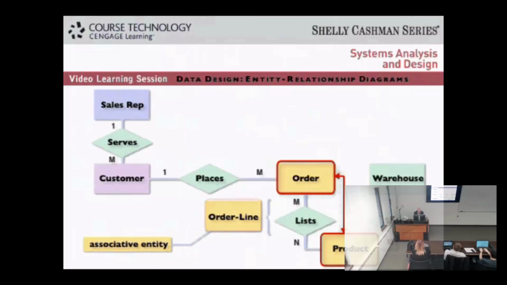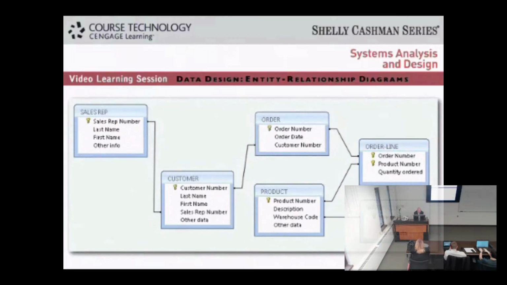So, we need an associative entity called order line that identifies a specific product in a specific order and stores information about that particular combination. Here's how the sales system might look in Microsoft Access. Notice the associative entity, order line, that joins the order entity and the product entity and stores information, such as the quantity ordered.